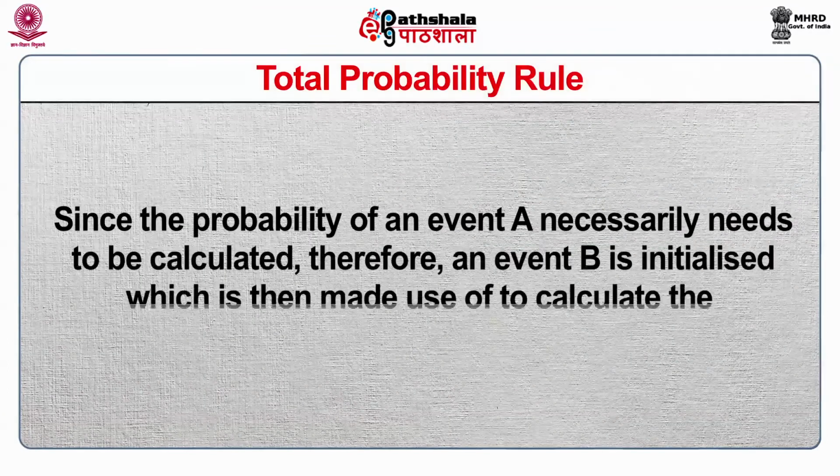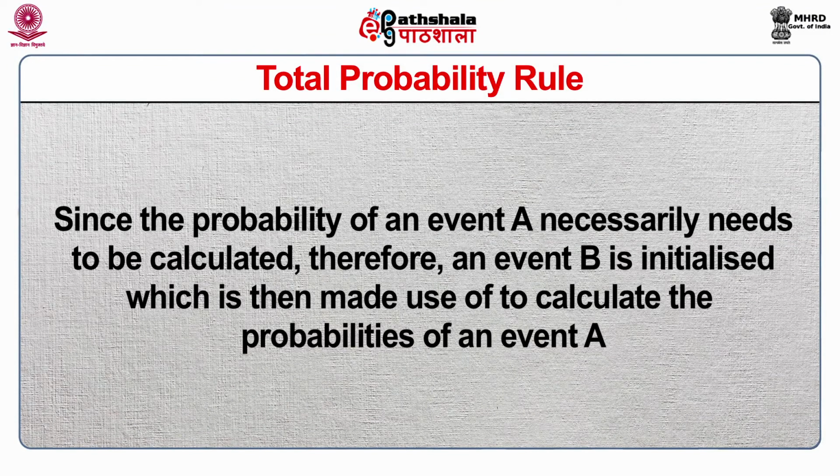It is used to find the probability of an event A when we don't know or are not even sure whether the probabilities of the event can be calculated or not. Since the probability of an event A needs to be calculated, an event B is initialized, which is then made use of to calculate the probability of event A.